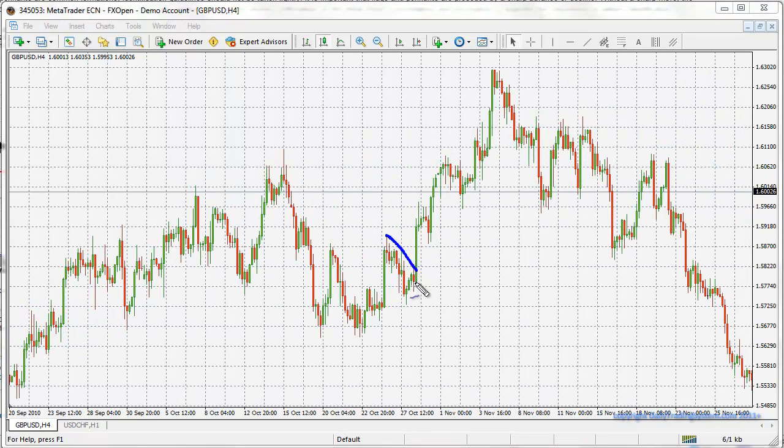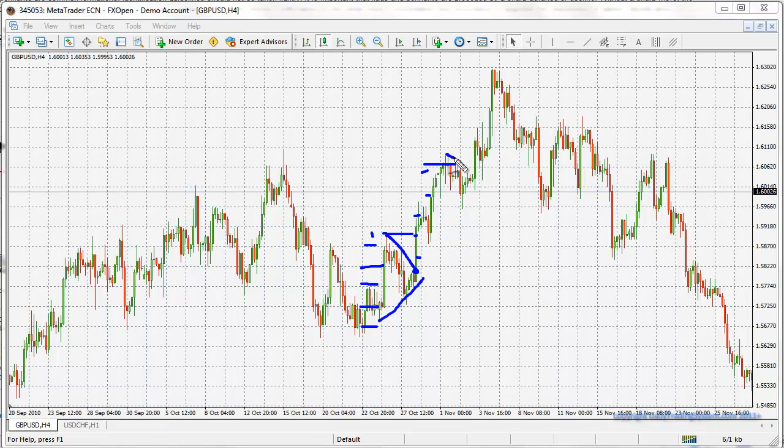This is the pennant. Alright, and you take the calculation, you could look at the square grids if you like, and we got 1, 2, 3, 4, let's say 5. So from this break here, 1, 2, 3, 4, 5, there we go, gets hit.